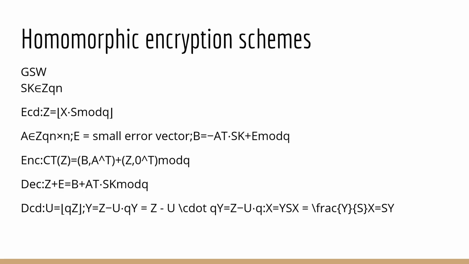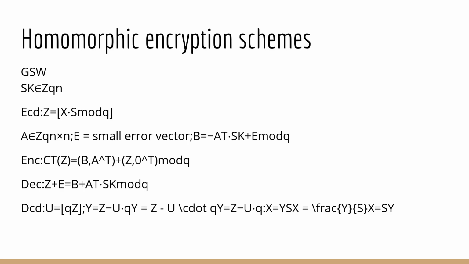In GSW, noise comes into the picture, so we call the noise bound B, and we refer to Q as the ciphertext space. It is usually 10 to the power 20 or 10 to the power 15.